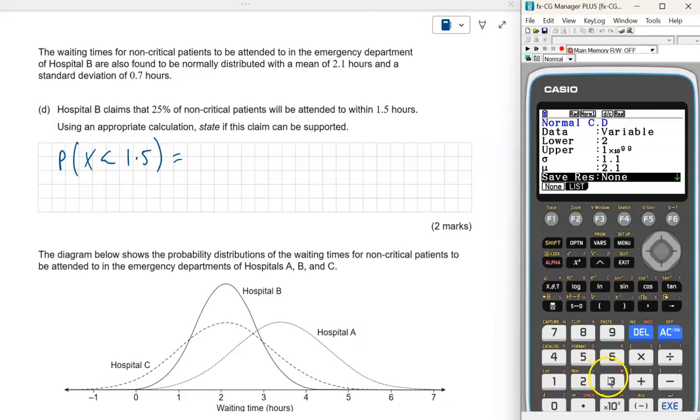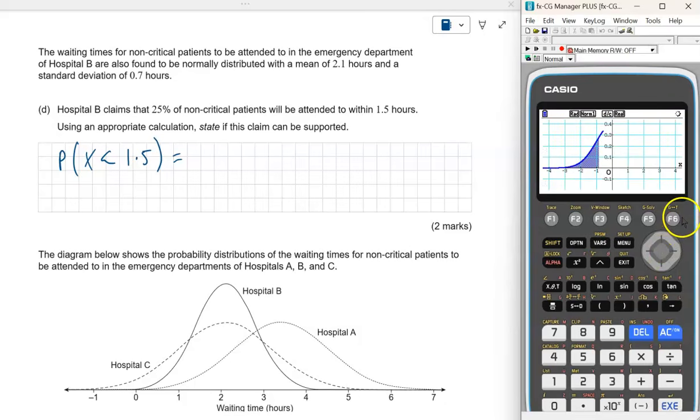The standard deviation was 0.7, and in this case, my upper boundary is going to be 1.5, and my lower boundary is going to be set to minus 1 times 10 to the power 99. Okay, so making that value really, really small. Again, let's toggle down and draw that one.